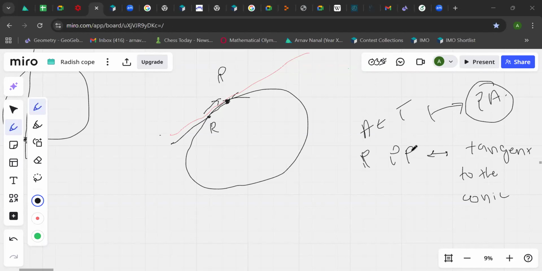So this is an important thing to know: PP gets mapped to the tangent to the conic.